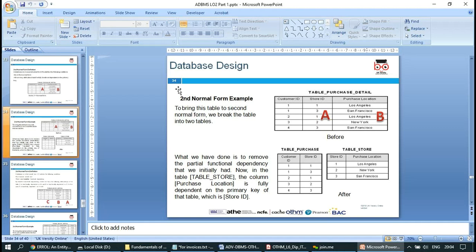You would. What you need to do is create a separate store table. Let's say Los Angeles 1, and obviously there would be much more information related to the location of the store, their address and so on.